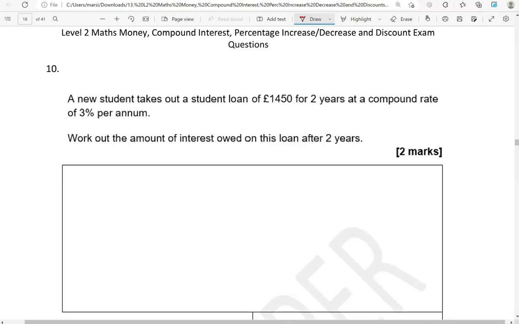So original amount, 1,450, or amount borrowed, times 1 point. So 100%, add the 3%, that gives us 103%, which as a decimal is 1.03. So times 1.03 to the power of 2.